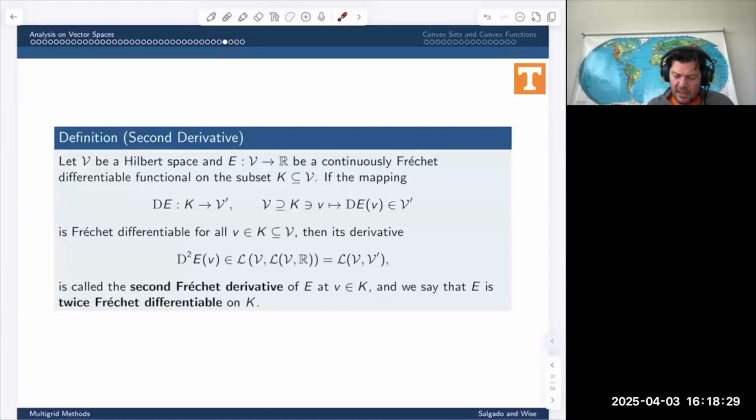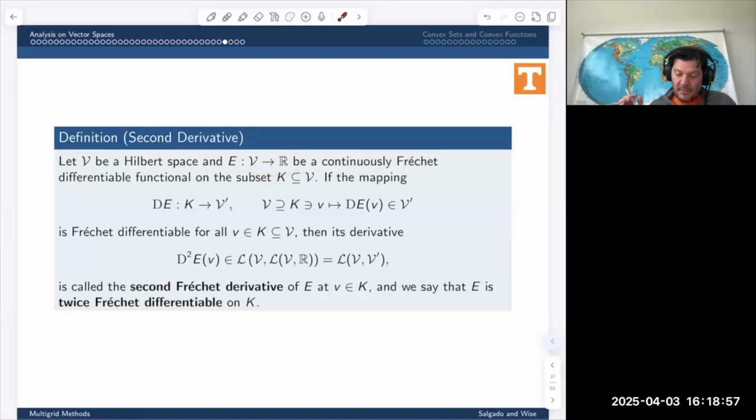But what is that Banach space in this case? Well, it's no longer in, and by the way, we're going to define the second derivative only for real valued functions, because it becomes much more complicated to define this in general. It's simpler, and it suffices for our needs to define the second derivative only for functions like that.